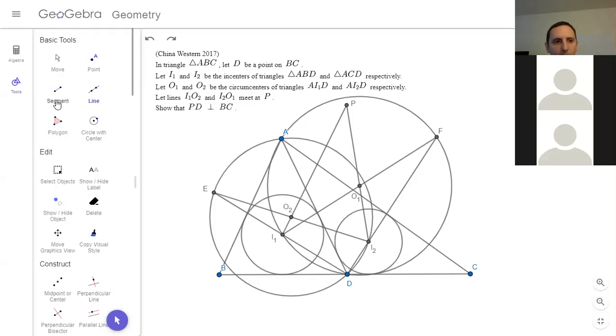Maybe draw. I don't know how much this will do, but you draw that. So yeah, so this intersection point. Wait, hold on. Was that obvious? Oh wait. Yeah, so these are collinear, I think.